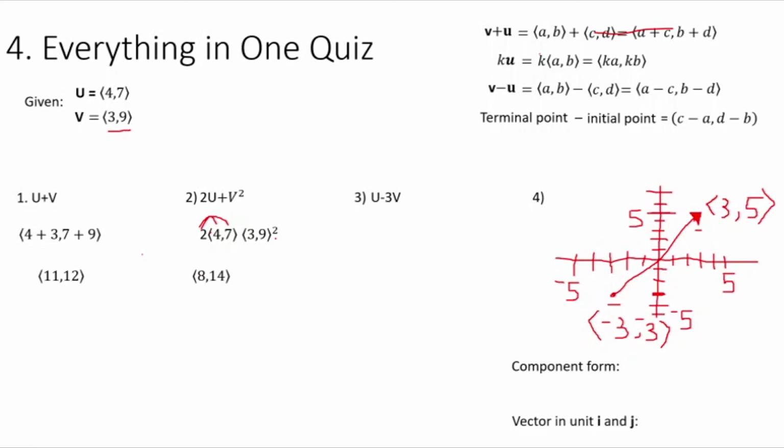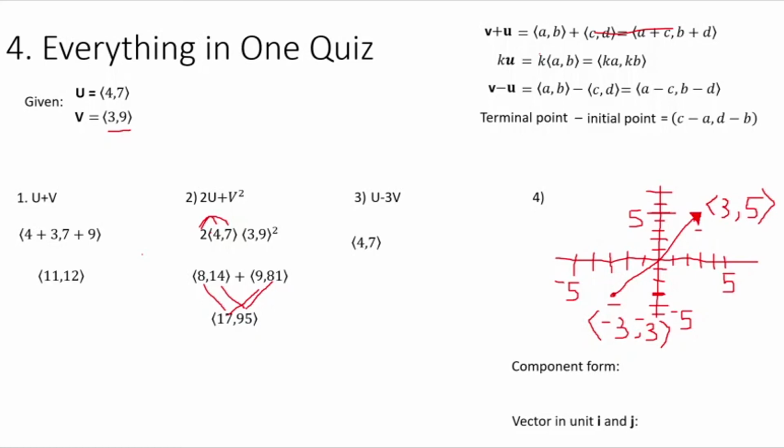When you do that, 2 times 4 gives you 8, 2 times 7 gives you 14, squaring 3 gives you 9, and squaring 9 gives you 81. Then adding these together, 8 plus 9 will give me 17, and then 14 plus 81 will give me 95, sorry.